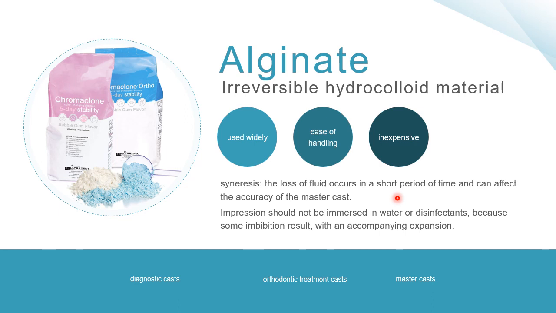So the alginate should be poured with plaster or stone as soon as possible to prevent the loss of fluid and changes in the details of the impression.